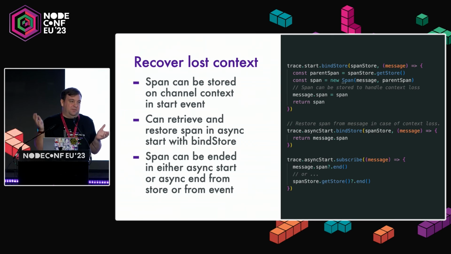And sometimes people are going to have different opinions of what the scope should be, so this also lets people have those different opinions. Then you can also trigger the end of a span from either the span stored on the message or the span you retrieve from the store. It's up to you how you do that.